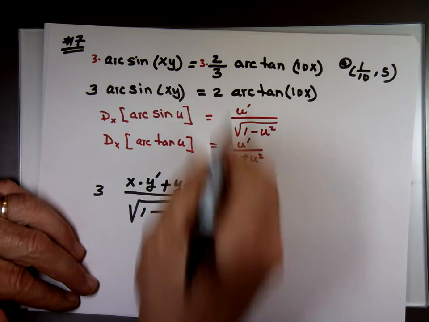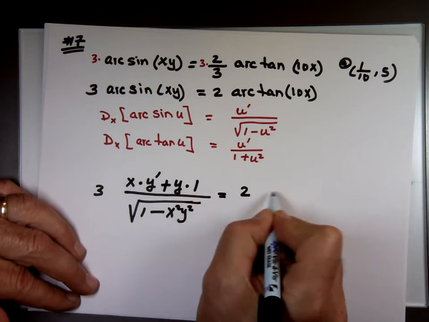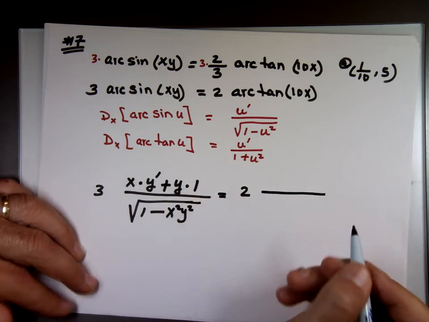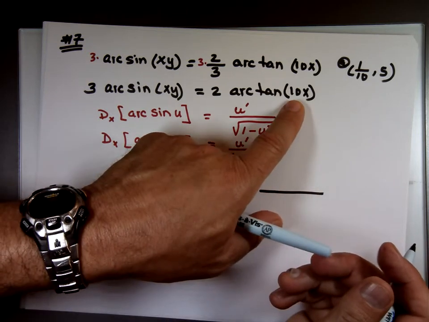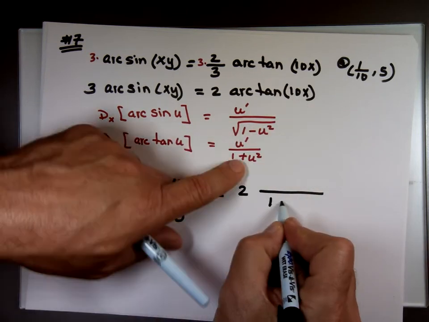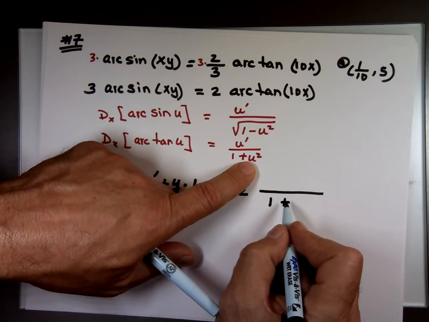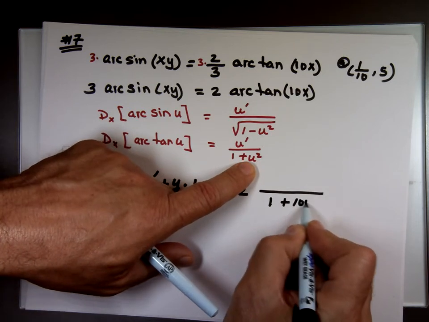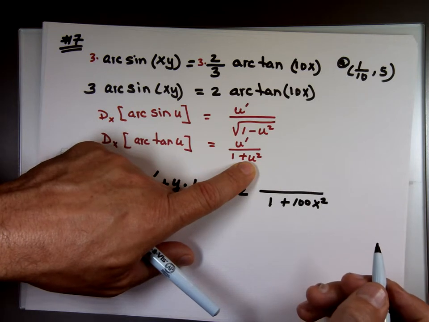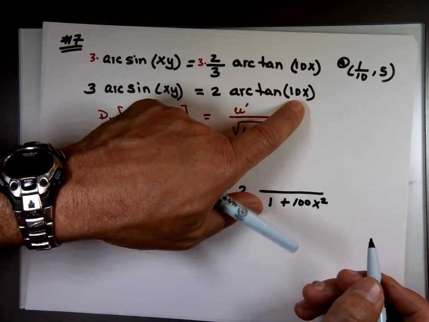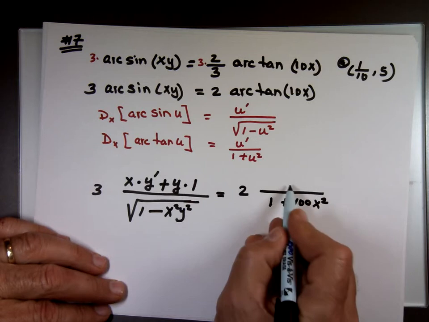Let's take the derivative of that side, arc tan. Now my u for the tan is going to be 10x. So it's 1 plus, when you take 10x and you square it, 100x squared. And what is the derivative of 10x? 10.